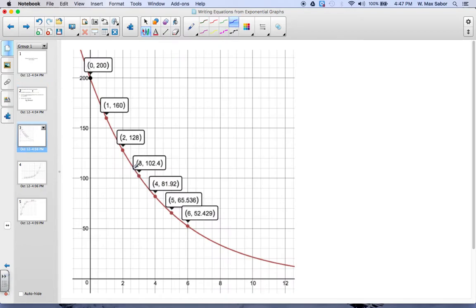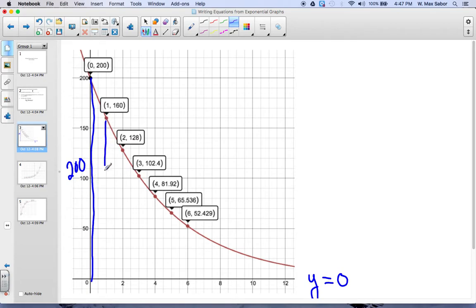All right, so let's take this one. First of all, this looks like it is getting closer and closer to 0, so I'm going to say that the asymptote is y equals 0. That makes our lives easy. Now, what is the distance between the y-intercept and our asymptote at 0? Well, it's just the y-intercept, 200.